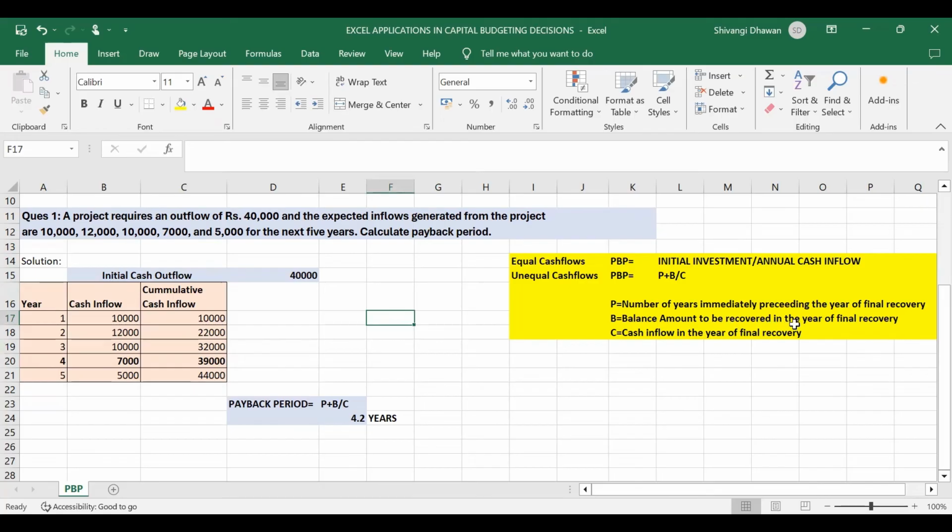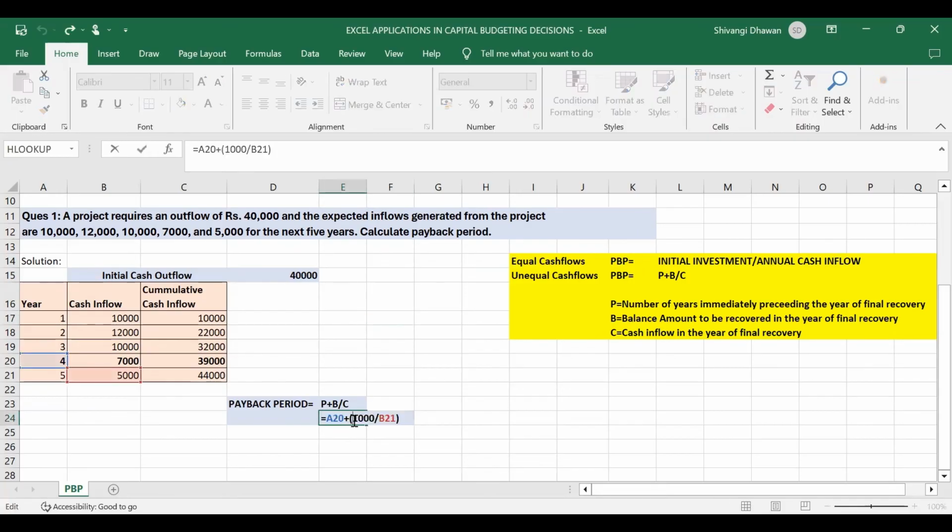Balance amount to be recovered in the year of final recovery. So we know that our amount will be recovered in the 5th year, and the amount that is remaining, that is the balance amount, is 40,000 minus 39,000, that is only 1,000. And C is cash inflow in the year of final recovery, that is our year of final recovery is the 5th year, and in that year our cash inflow is 5,000. So this is how we will be writing down the formula.